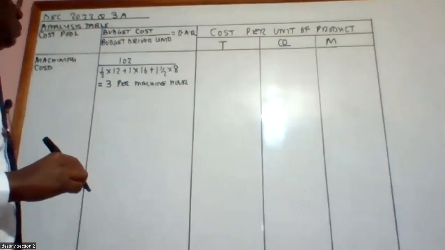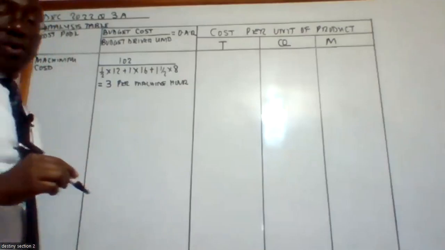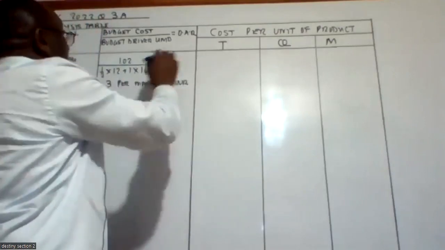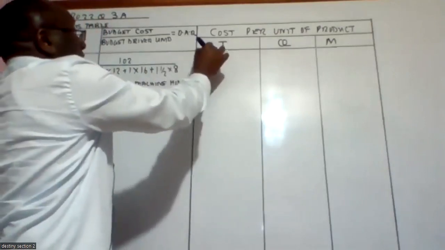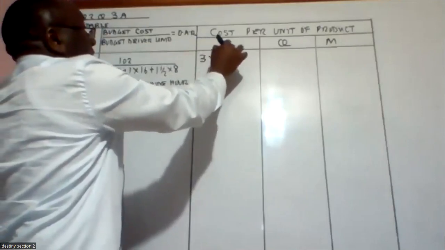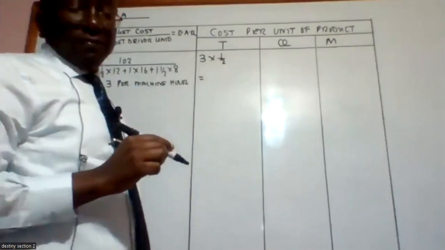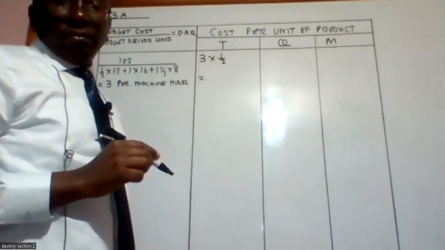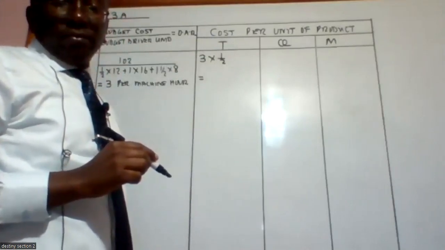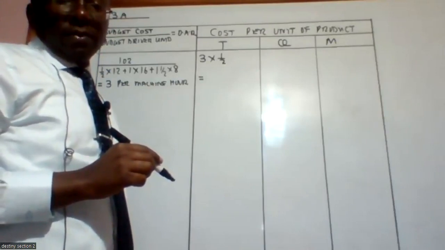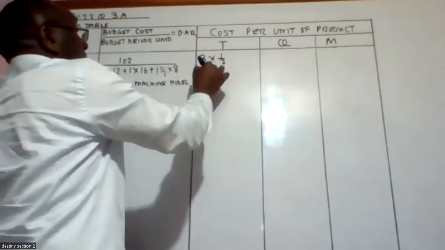So it is 3 shillings per machine hour. So to find the absorbed cost per unit, we take this OAR: 3 times a half is 1.5.